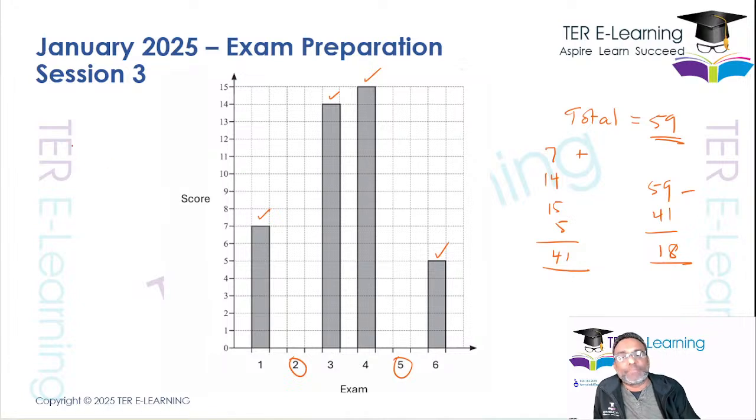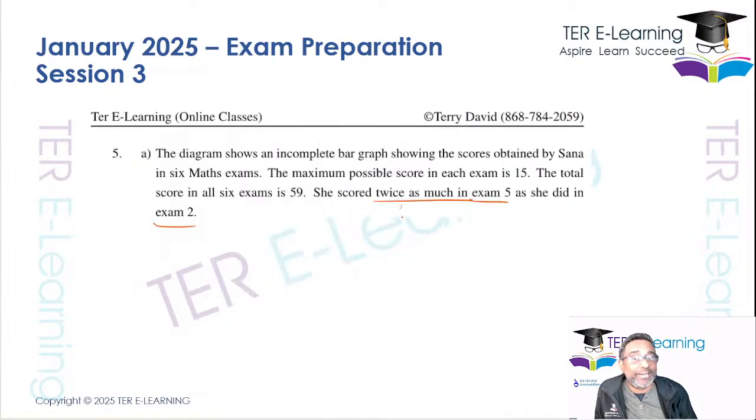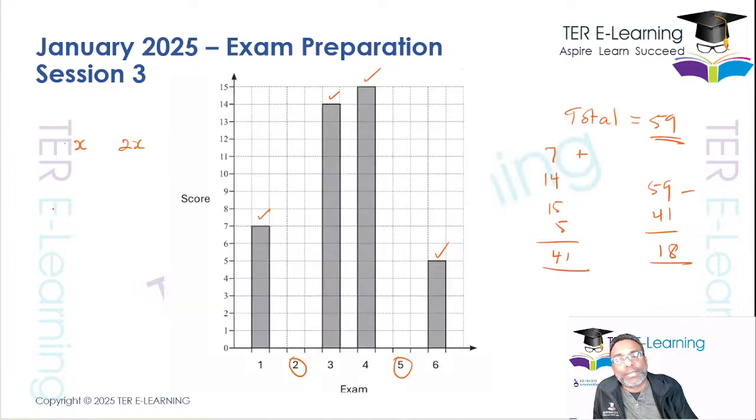But the thing is, let's say we have x score in exam 2. In the 5th exam, it's going to be twice as much, because that's what they said in the question. They said she scored twice as much in exam 5. So I'm going to come up with a little equation here. When I add exam 2 score plus exam 5 score, which is twice as much, I should get 18.